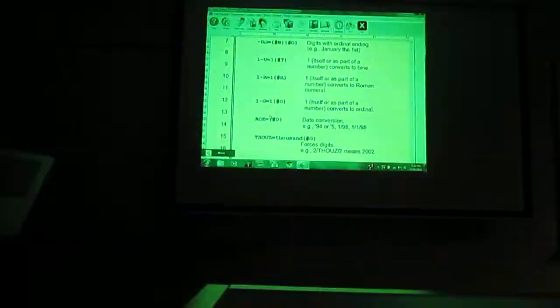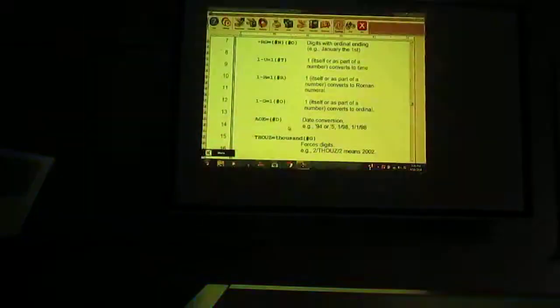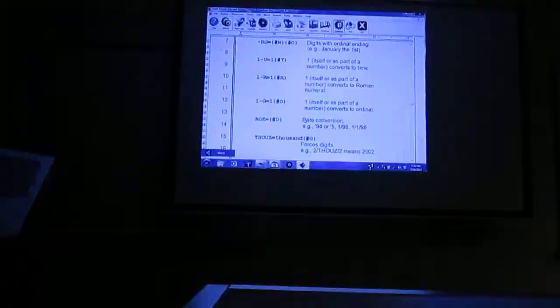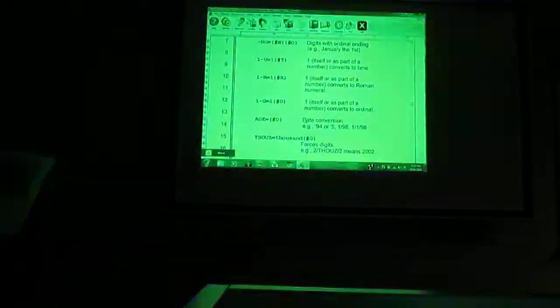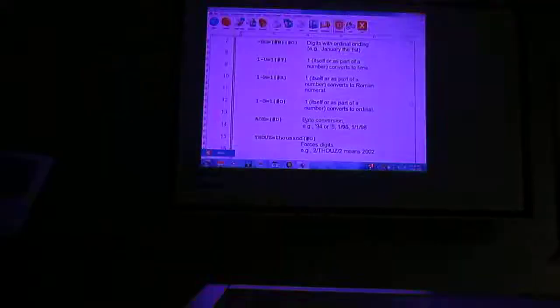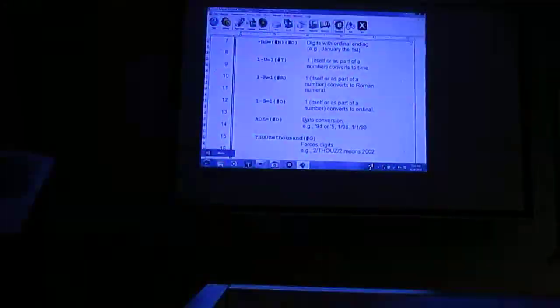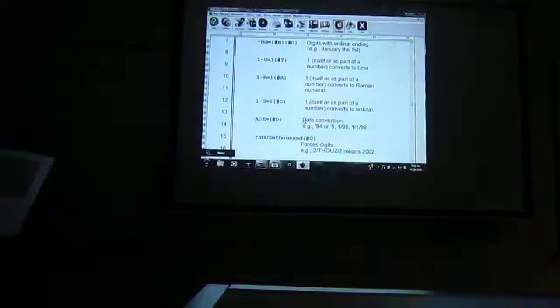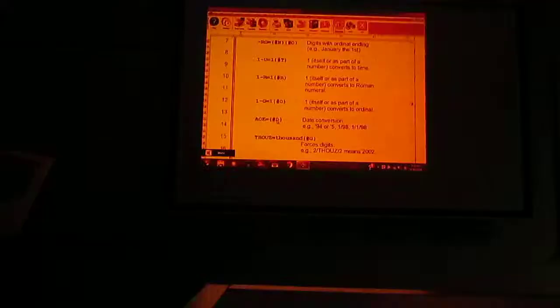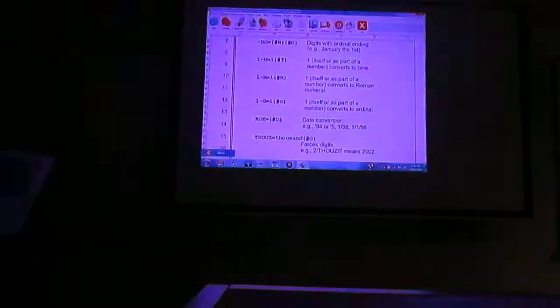This is the way that you do the date conversion right here. Bracket, pound, D. So the way that I do a date, if they're doing 1/6/98, then I do 1,6,98, and then set it up like this so that it comes up as a date.